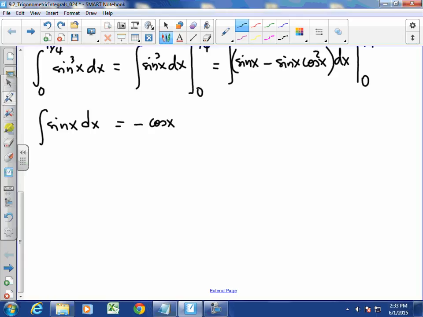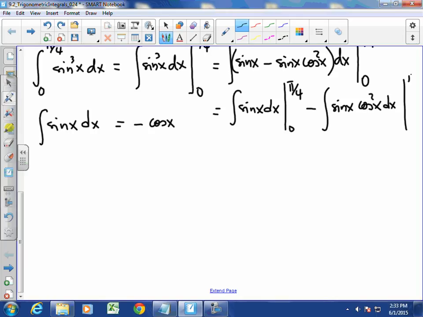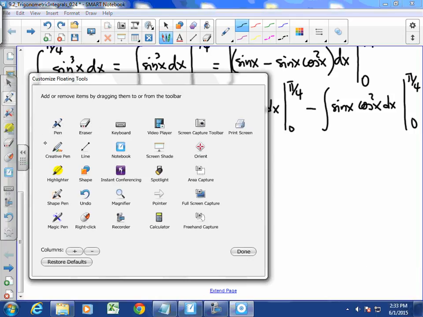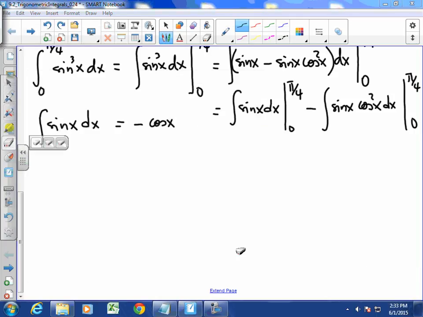So this is the same as the integral of sine x dx evaluated from 0 to pi over 4, minus the integral of sine x cosine squared x dx from 0 to pi over 4.